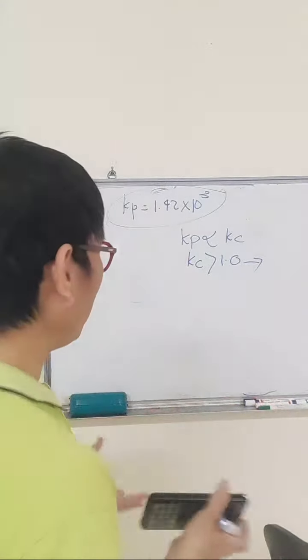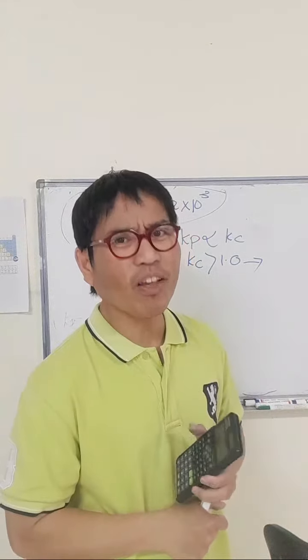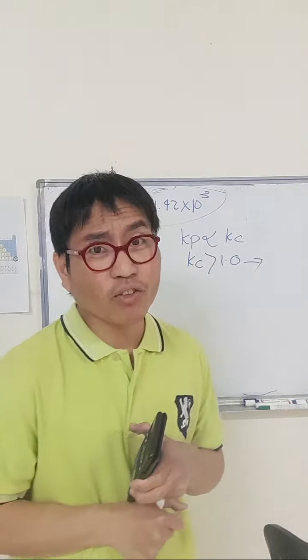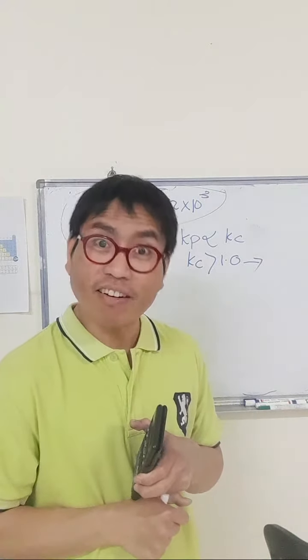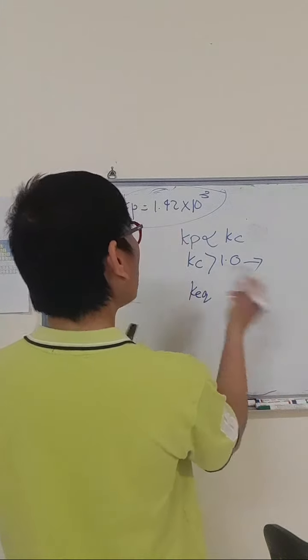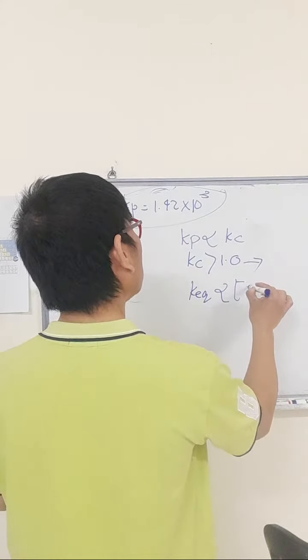But in this manner, we have to account for the concentrations. The equilibrium constant is also directly proportional to the concentration. So Keq, the general equilibrium constant, is directly proportional to the concentration.